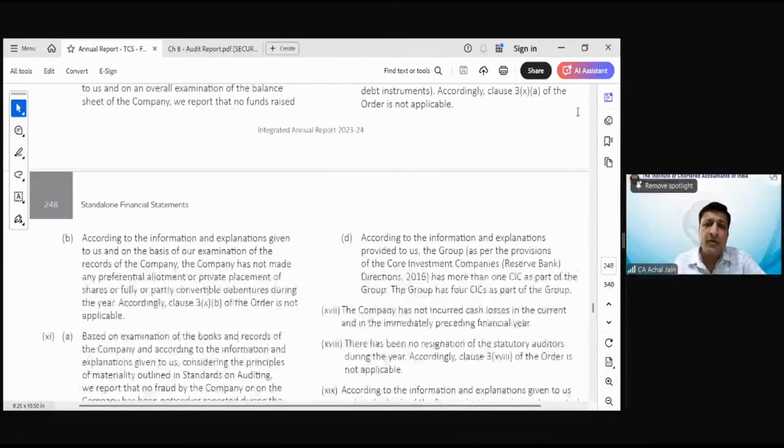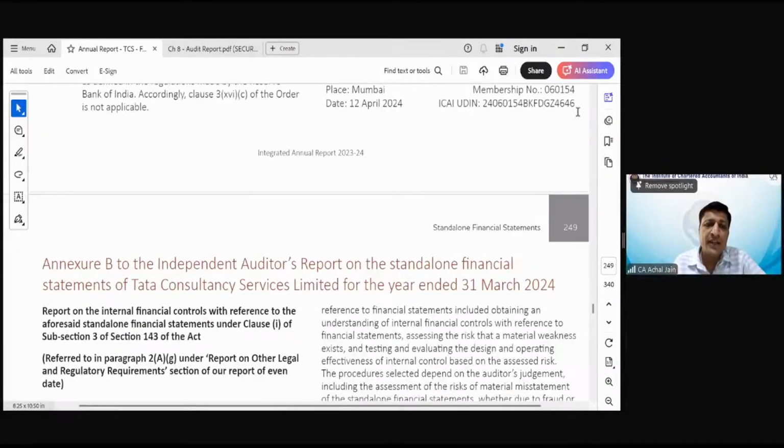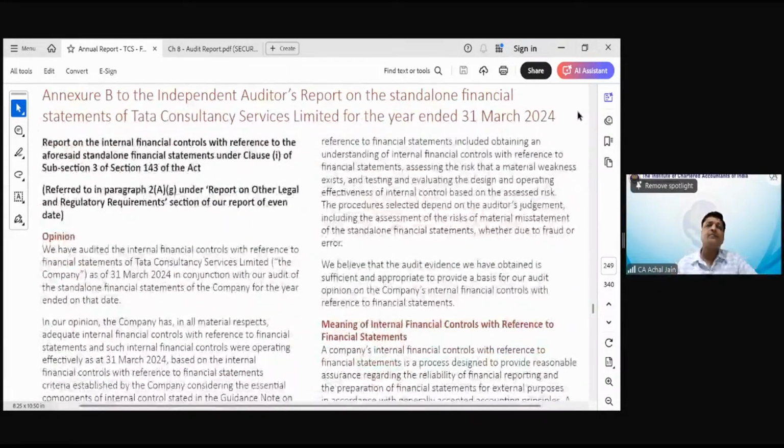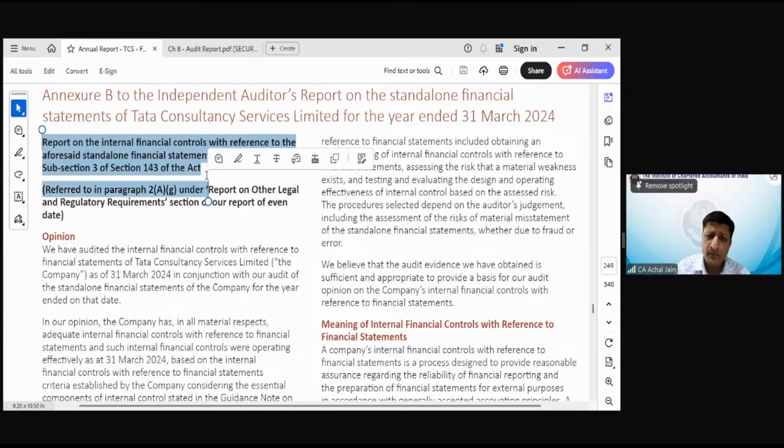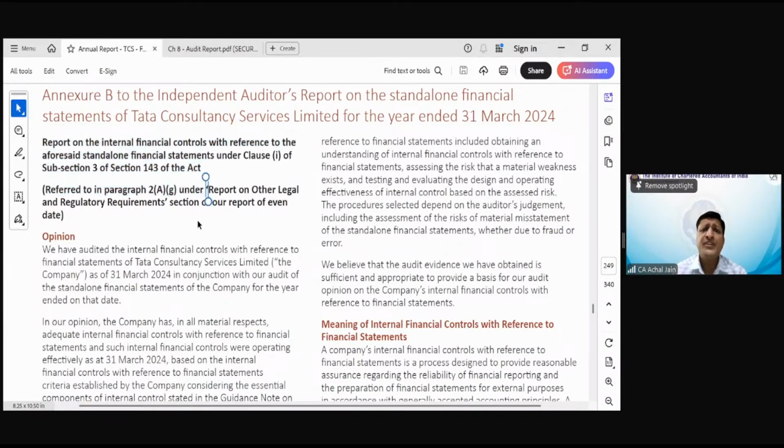After annexure A, you will find there will be another annexure, annexure B. This is the report on internal financial controls, wherein again you will find that referencing in a very clear manner. So it says report on internal financial controls with reference to the financial statements covered under section 143.